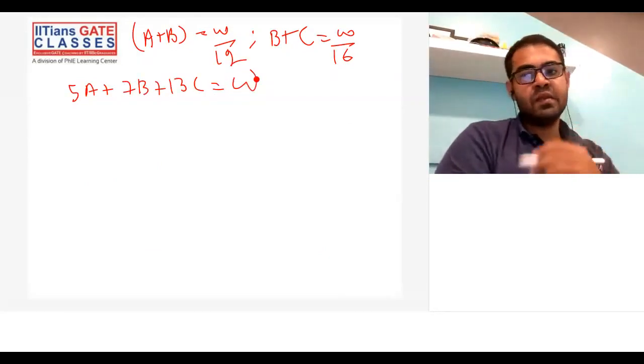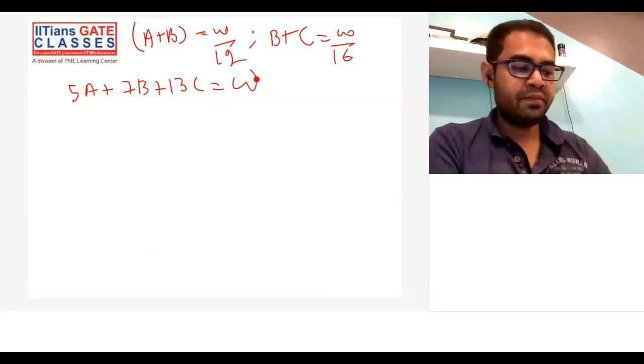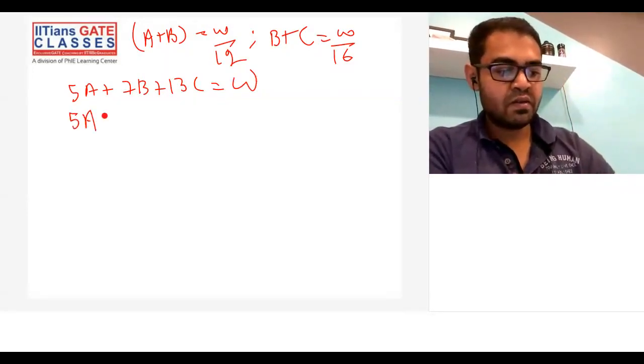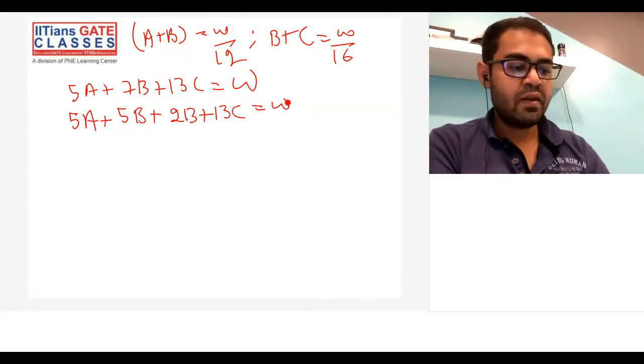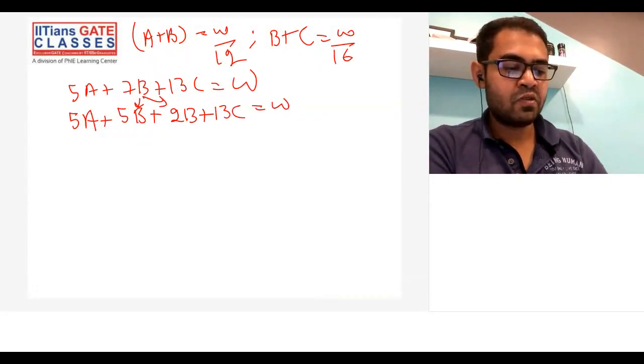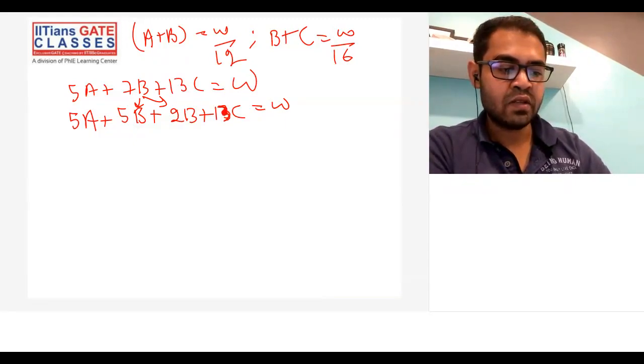You may have a different method for solving it also, but now you see my method. 7B, I'll split into 5B plus 2B. This is already the same, and this is 13C, not BC. Okay, 13C.